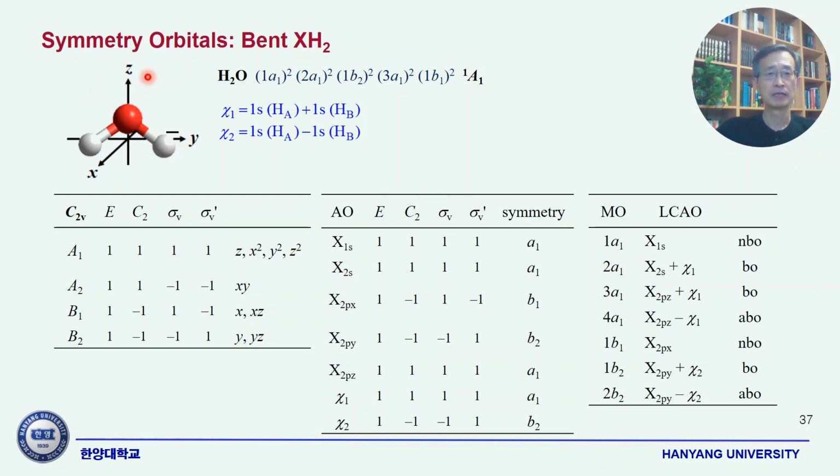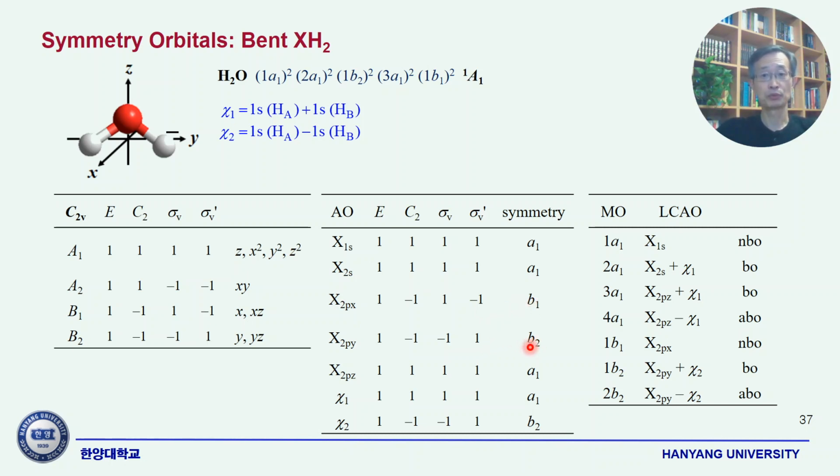Sigma v prime is the YZ plane, so about x it reflects the plus lobe to the minus lobe, so minus 1, antisymmetric. So this is the same as the B1 representation, so the symmetry of the 2px orbital is B1. Okay, that's how it works.